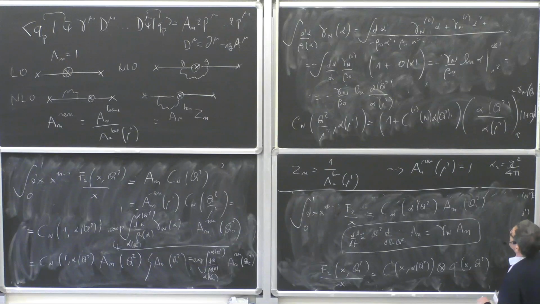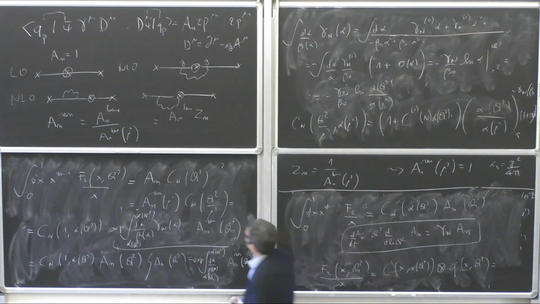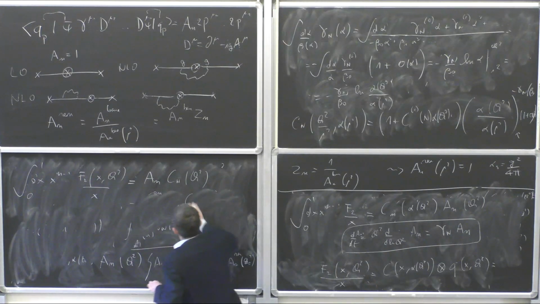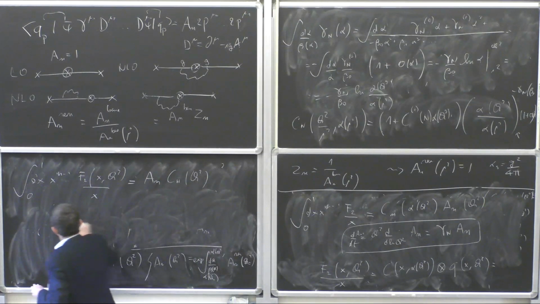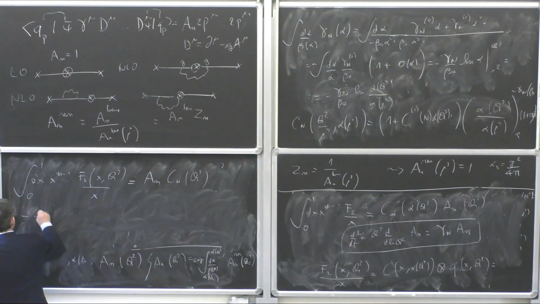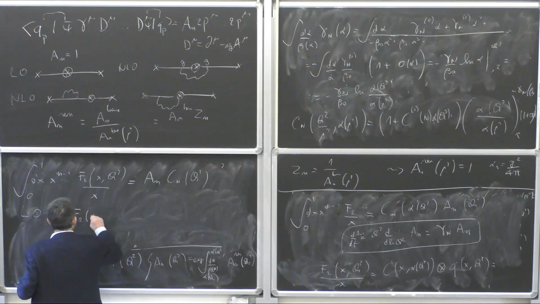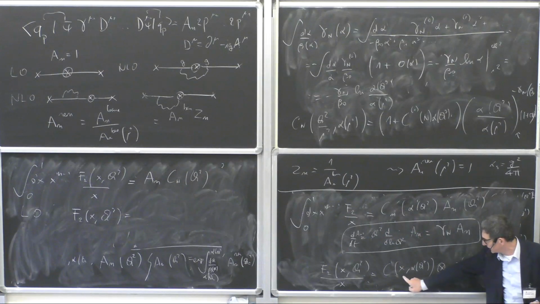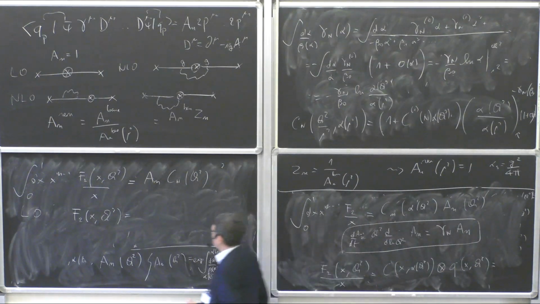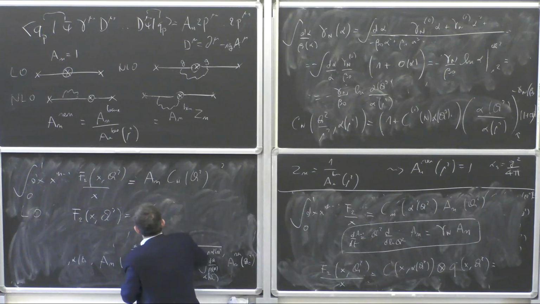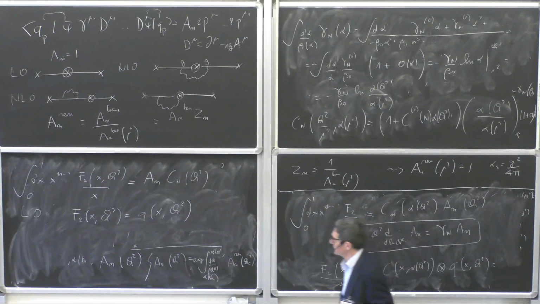So if I now take this formula here and I write it at leading order, and I leave this here because this is the same formula, so at leading order, I have that F2 of x and Q squared is nothing but the PDF, because remember, at leading order, this guy is just a delta. So this is just the PDF, which is, however, a Q squared dependent PDF, right? So this is the leading order expression.